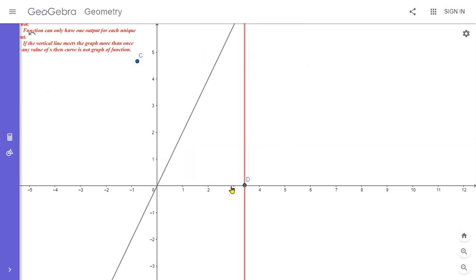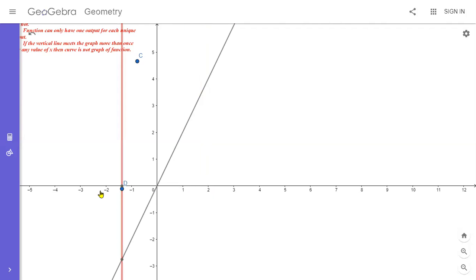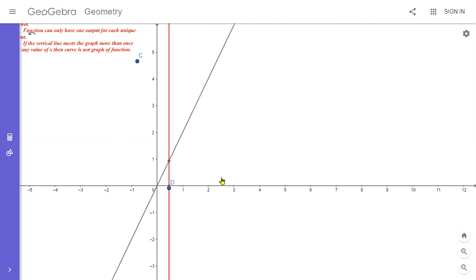For any value of x, we can see that this vertical line touches only at one point. So we can say that this given line is the graph of a function, because this vertical line touches only at one point for any value of x.